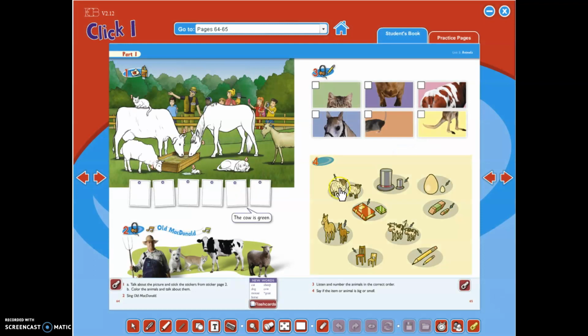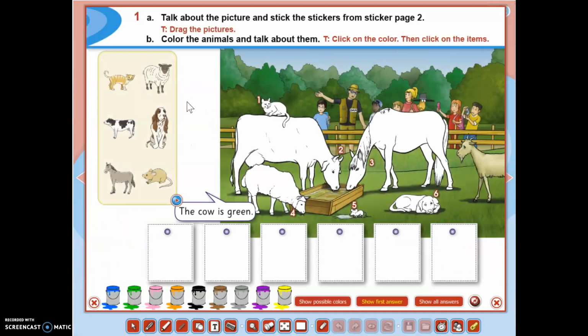Okay, coloring time. Let's color. The cow is green. Cow, cow. The cow is green. Let's color the cow green.